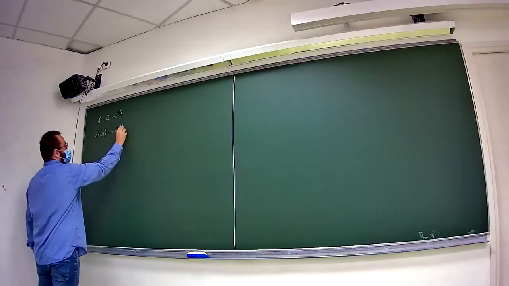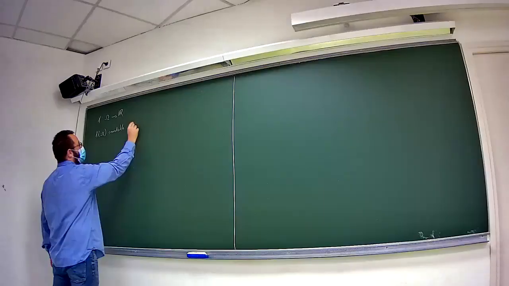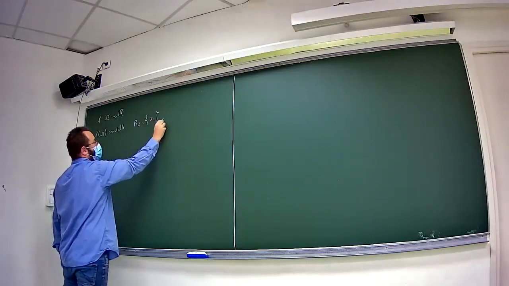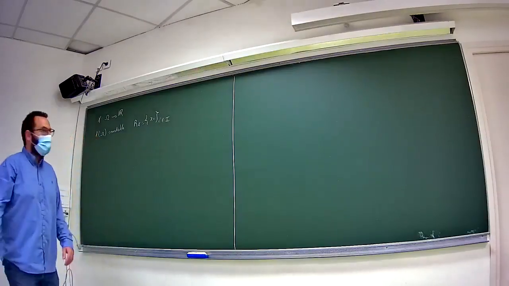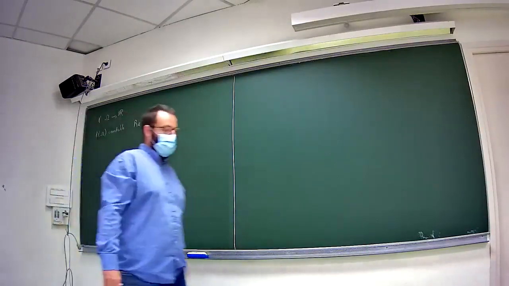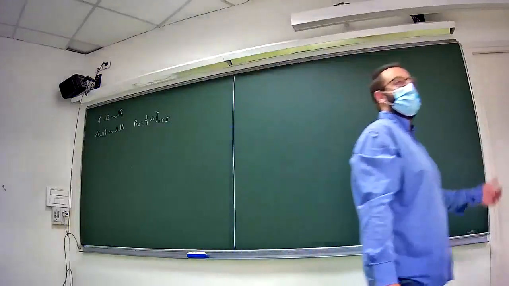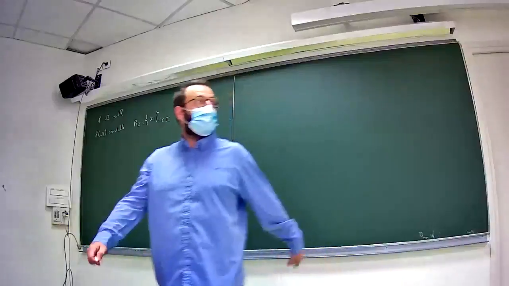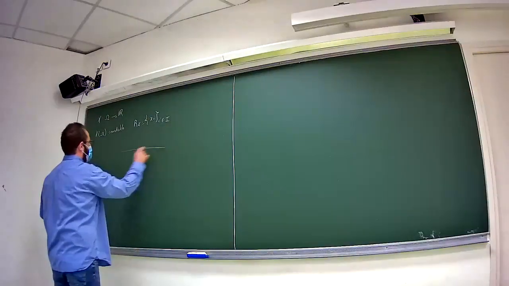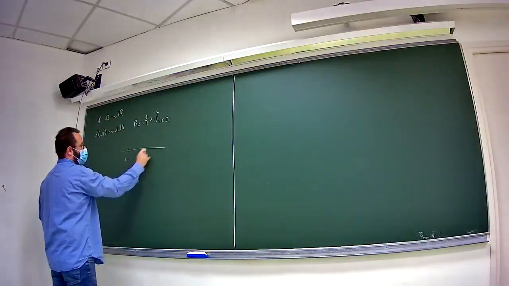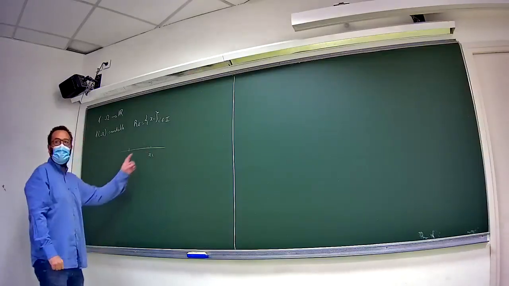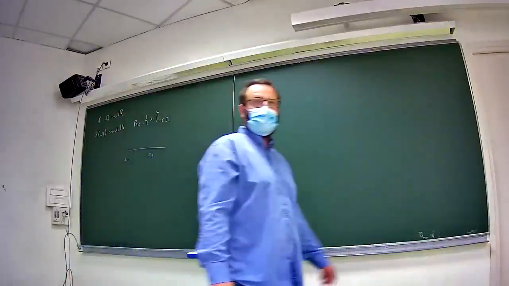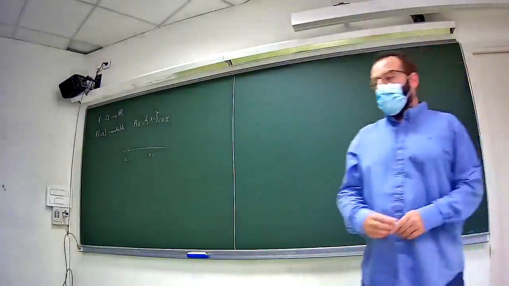I represent the range by the set of the possible values x_i, where capital I is countable, and I have supposed that I have ordered these possible values, that is x_{i-1} is strictly less than x_i and so on. So I am in this situation: I have x_{i-1} and x_i, and if I am discrete, I don't take any value between x_{i-1} and x_i. It's the advantage of being discrete.